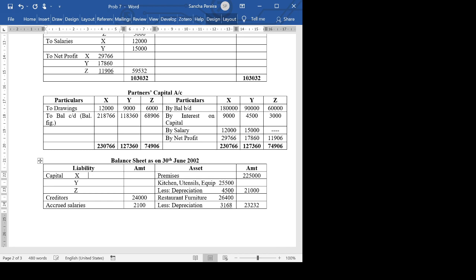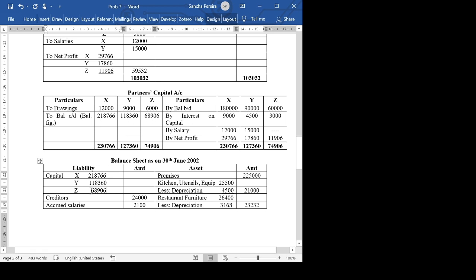So X has a new balance of 218,766, Y has a balance of 118,360, and Z has a balance of 68,906.